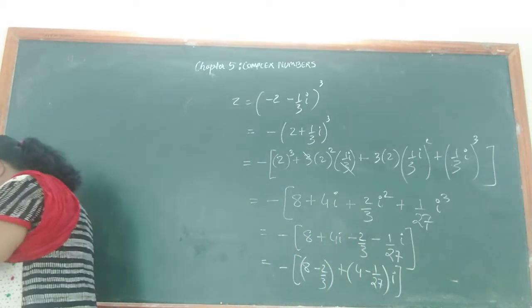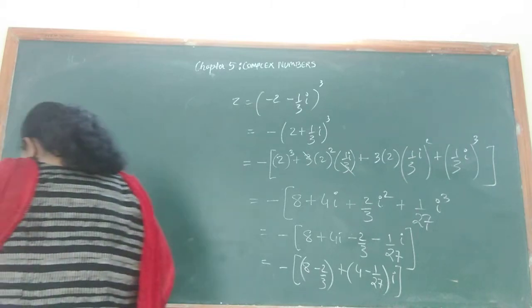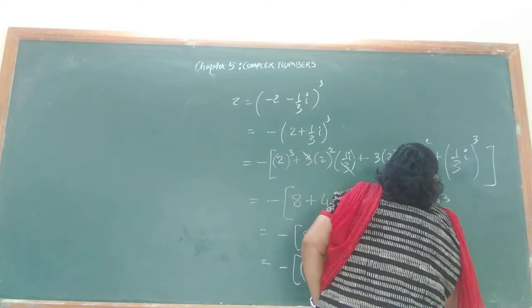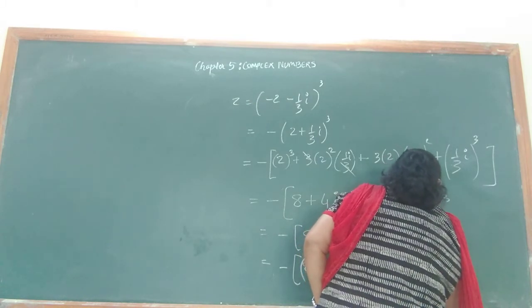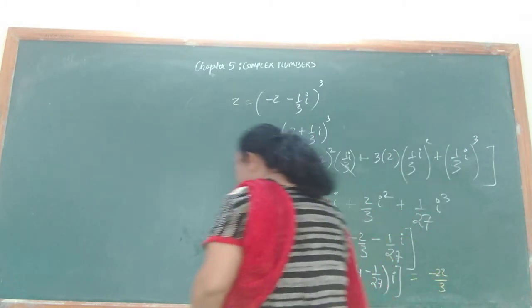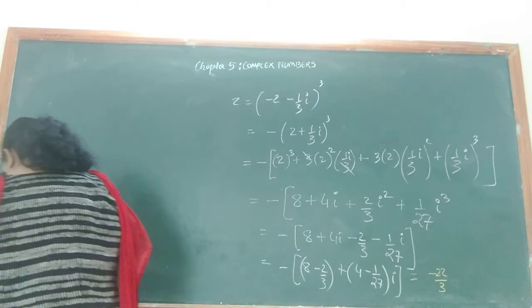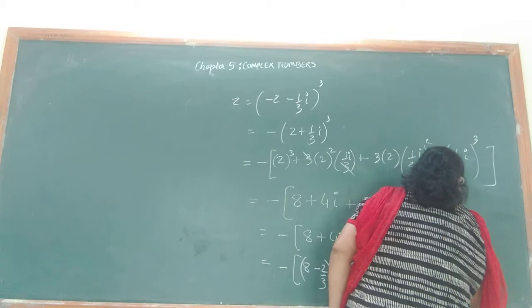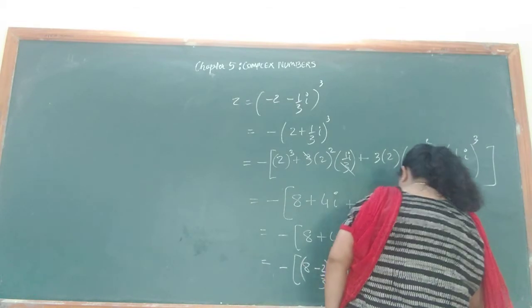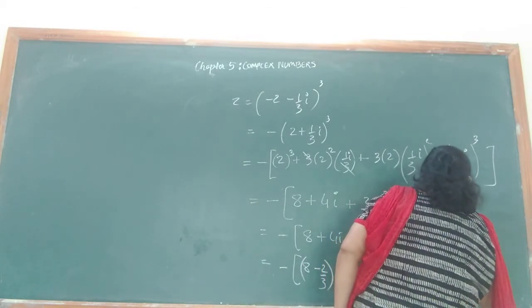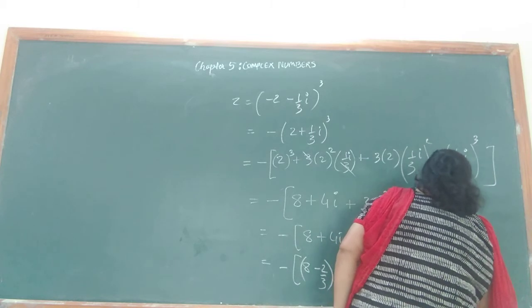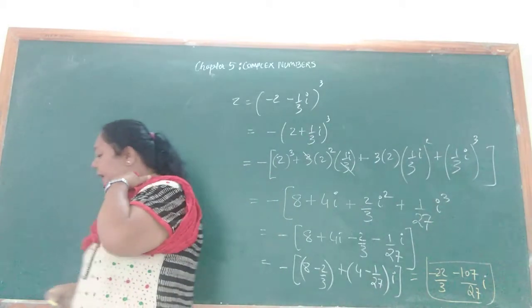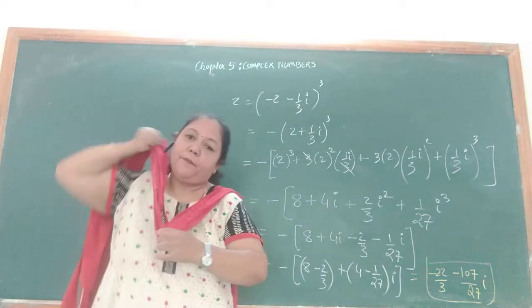Then finally I take LCM, which gives me minus 22 upon 3 and minus 107 upon 27 into i, which is in the a plus ib form.